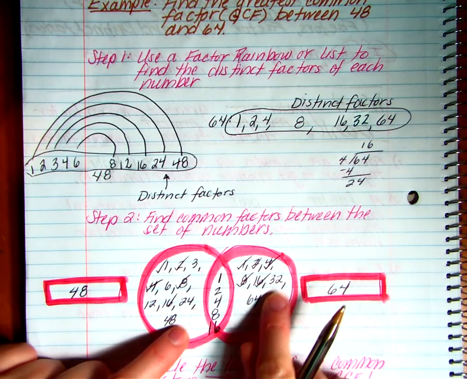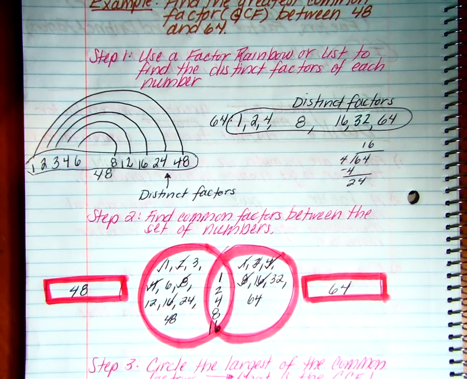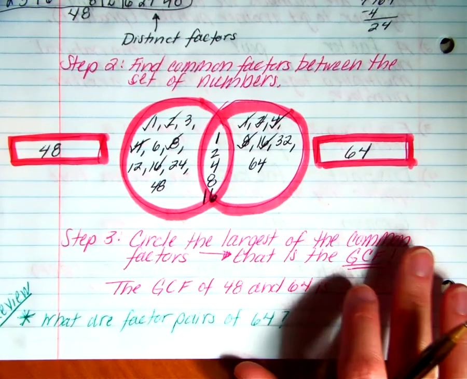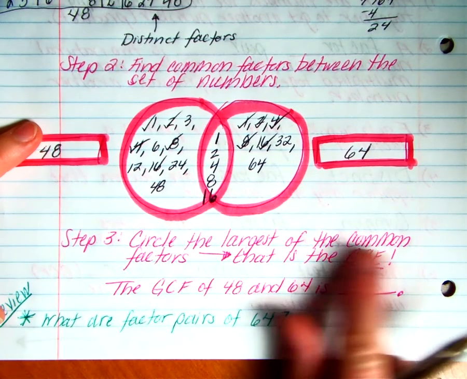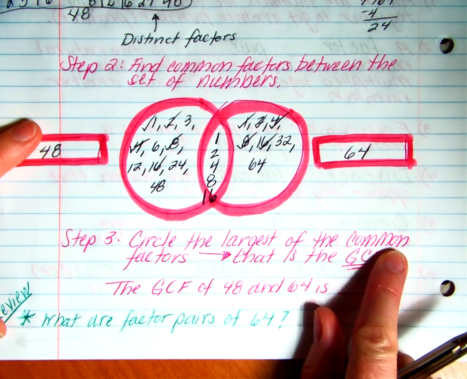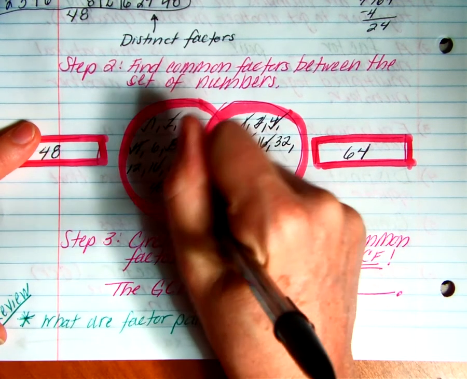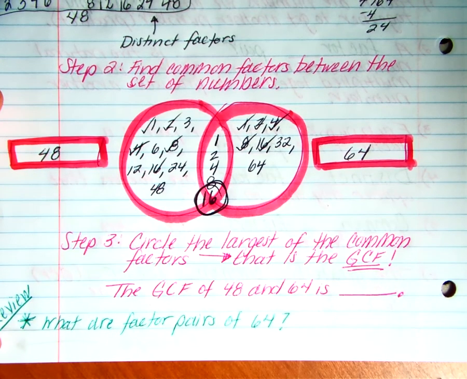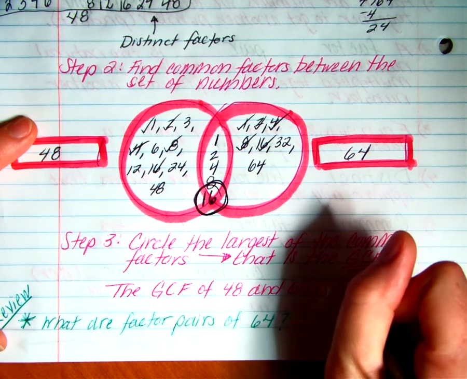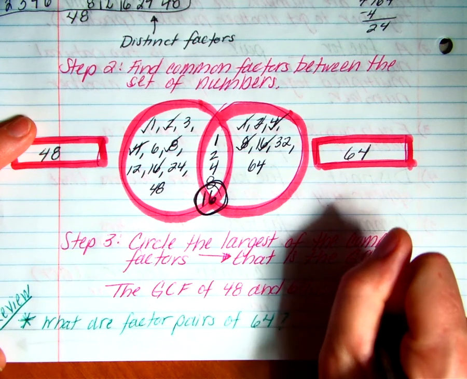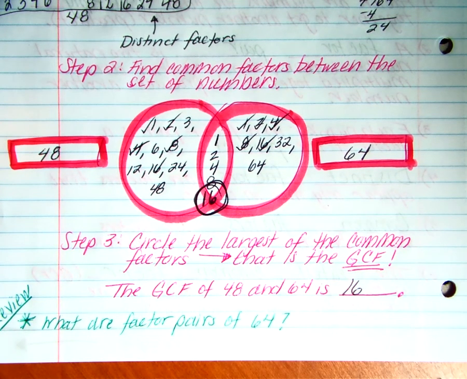They don't have a match for 32 or 64. Now what you want to do, now that you have this, is circle the largest one. You want the largest of the common factors. The largest of the common factors is 16. So the GCF for 48 and 64 is 16.